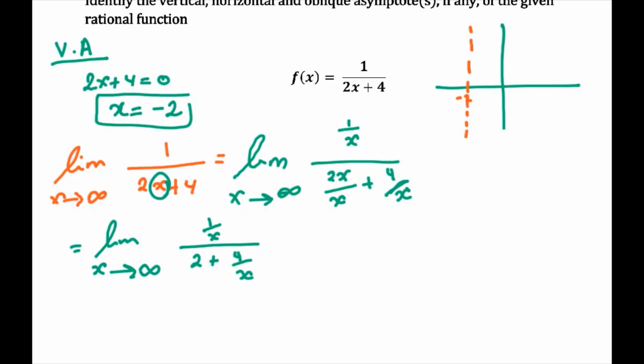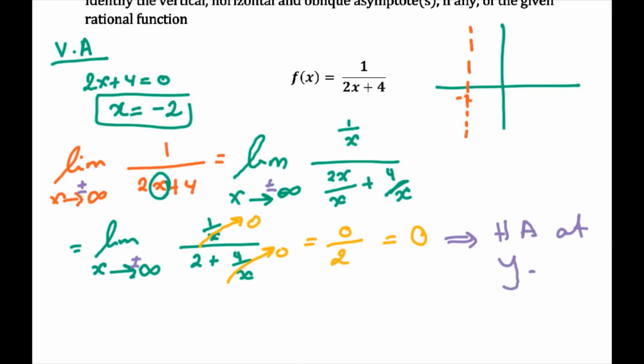Now the limit, this is going to be 0, 1 over infinity is 0, and 0 over 2 is equal to 0. That's the case if I have positive or negative infinity. So now the horizontal asymptote will be at y equals 0. So we know that we are going to have a horizontal asymptote here. And the graph of this function will look like something like that.